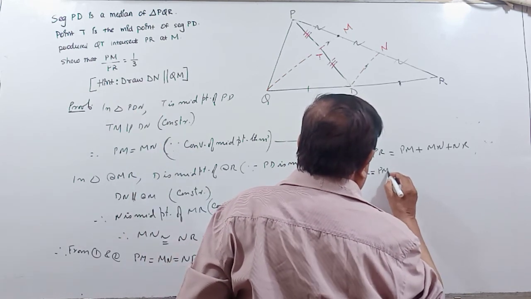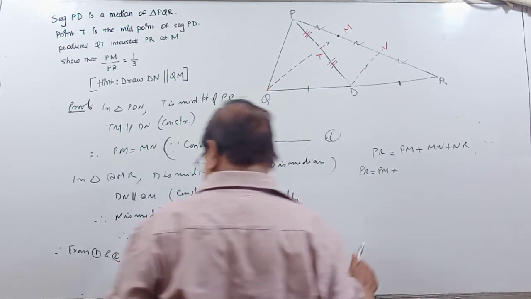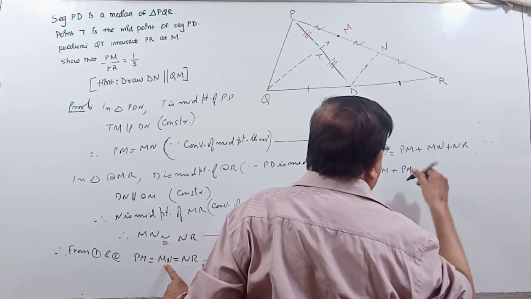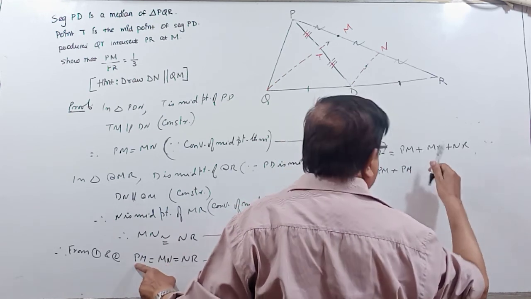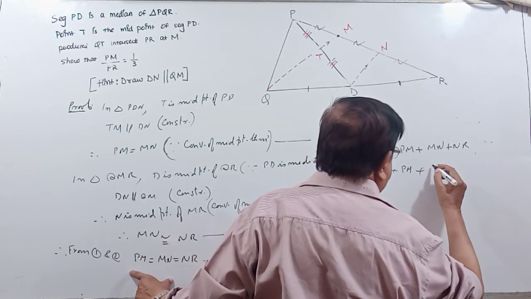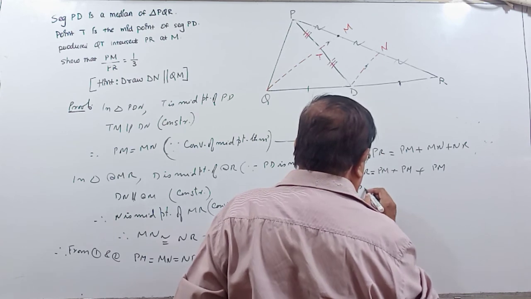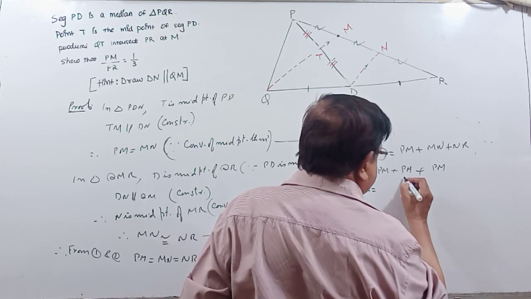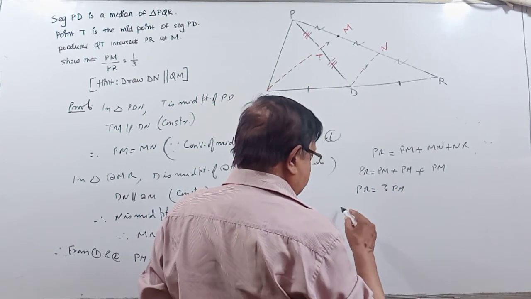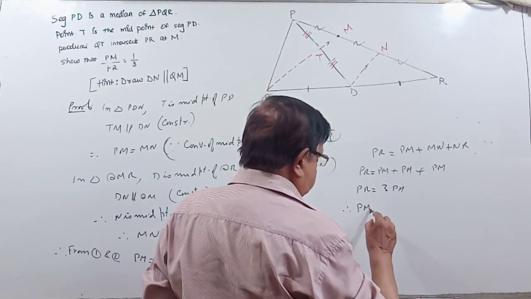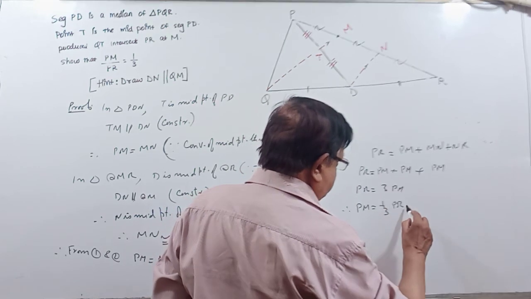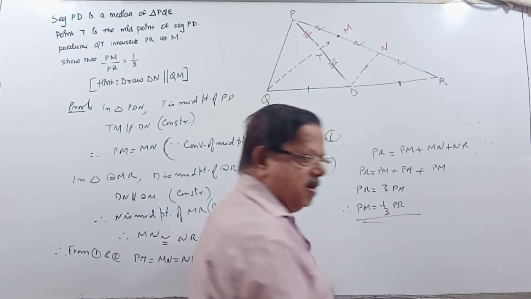MN equal to PM, and NR equal to PM. So MN के बजाय PM, NR के बजाय PM. So PR is equal to PM plus PM plus PM is equal to 3 PM. Cross multiply करेगा तो PM equal to 1/3 PR. That is what they want us to prove, and that is what we have proved.